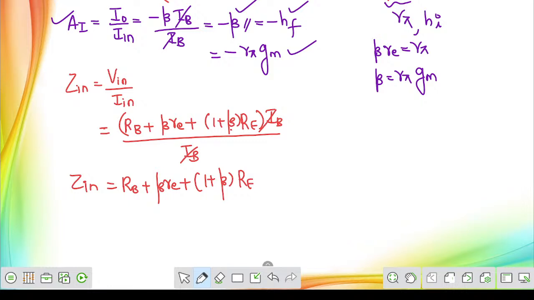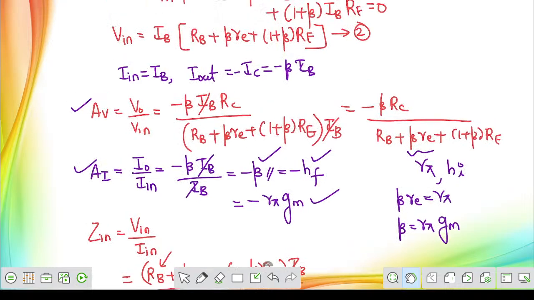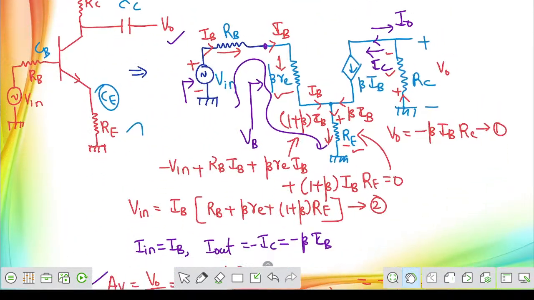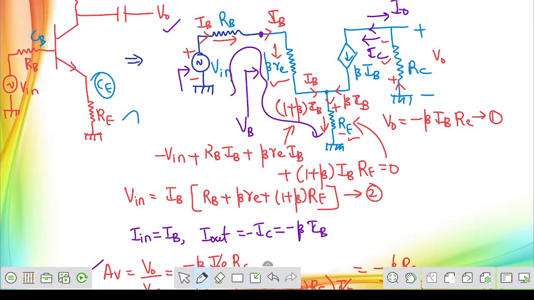Sir, remember, I told you there are two types of voltage gain. If we are ignoring the value of the base resistor, it means, as I told you, while measuring the voltage gain, they are focusing on the voltage gain from the base terminal directly, the internal voltage gain.